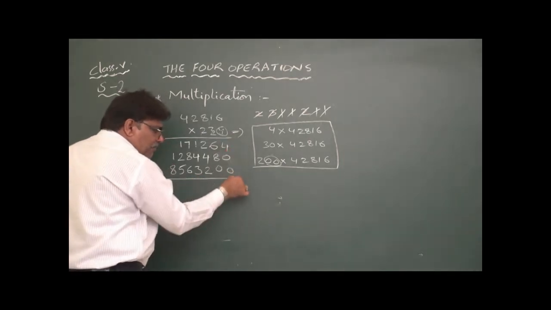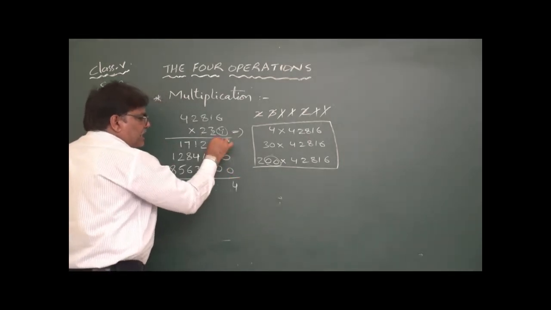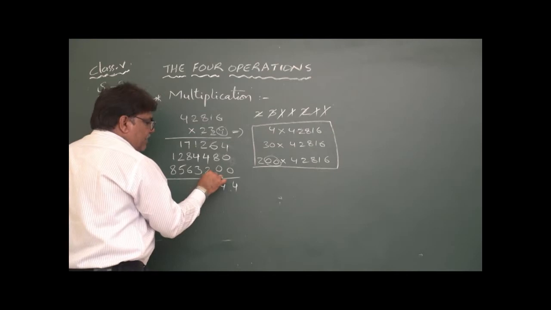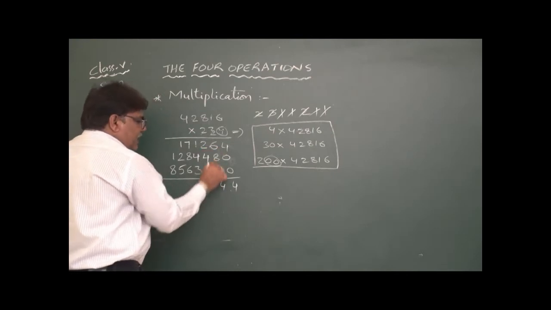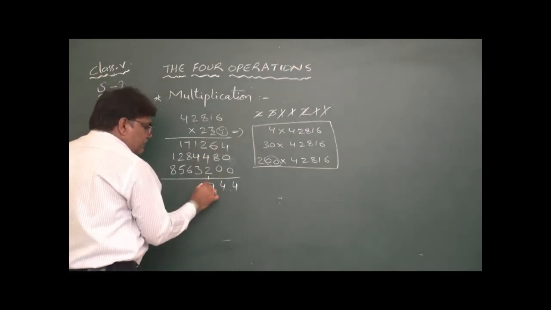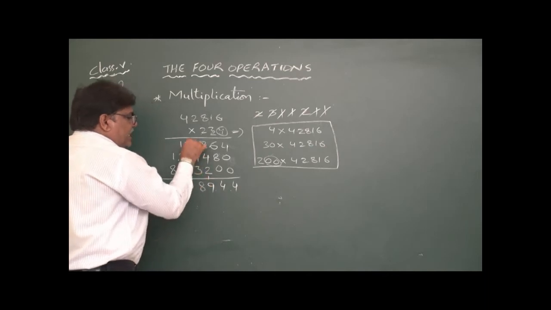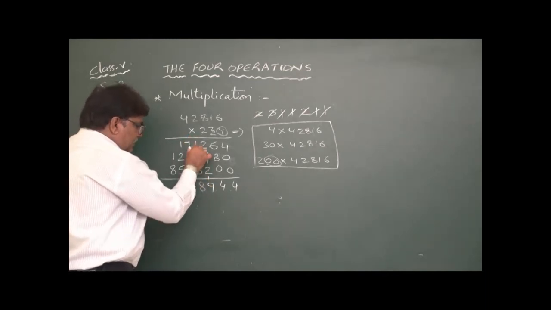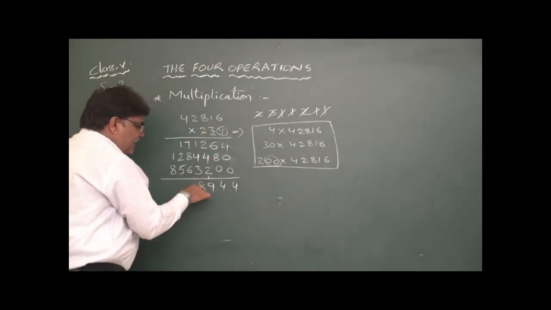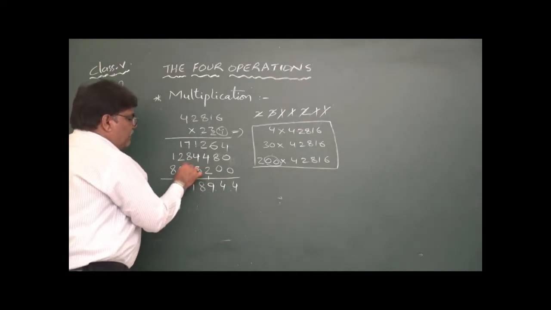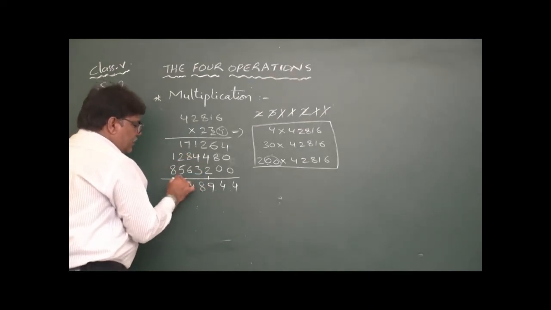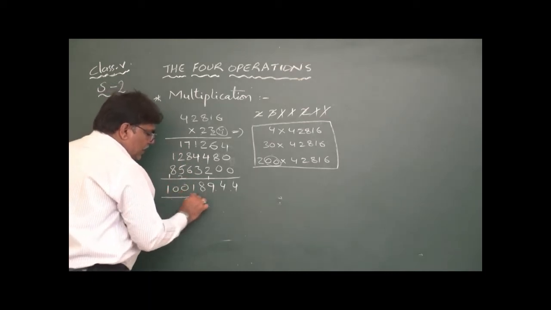Now add properly. 4 8s 14, carry 1. 3, 7, 9, 7 plus 1, 8, 14 plus 7, 21, carry 2, 5 plus 2, 7, 3, 10, 0, carry 1, 8 to 10. Like this you are getting.